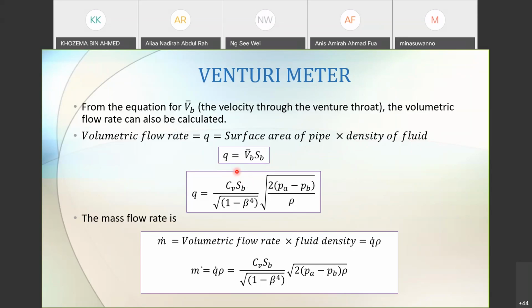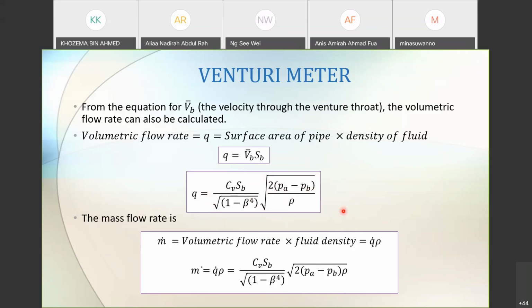So Q is equal to VB, which is the velocity of the fluid at point B, times SB, the surface area at point B. If we put in the equation of VB that we just got in the previous slide, we get the equation for Q is equal to CV SB over square root of 1 minus beta to the power of 4 times square root of 2 (PA minus PB) over rho.